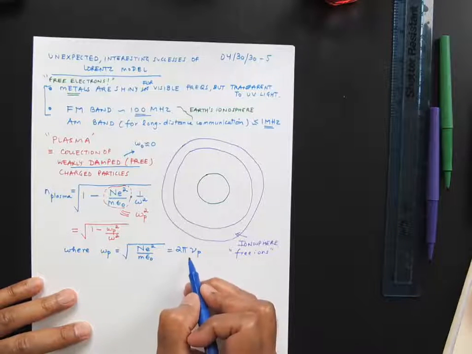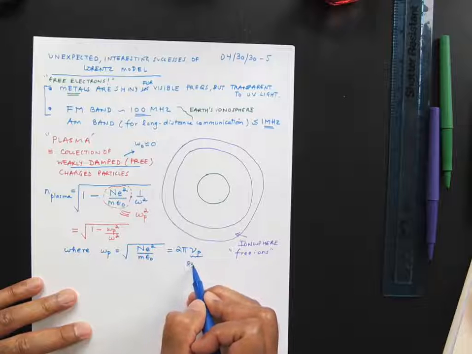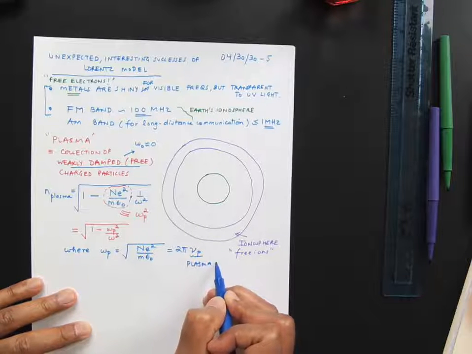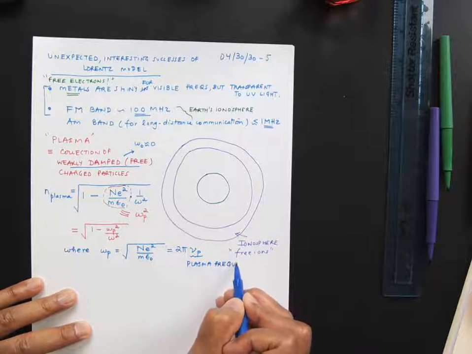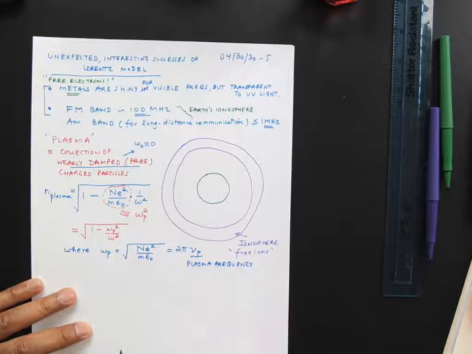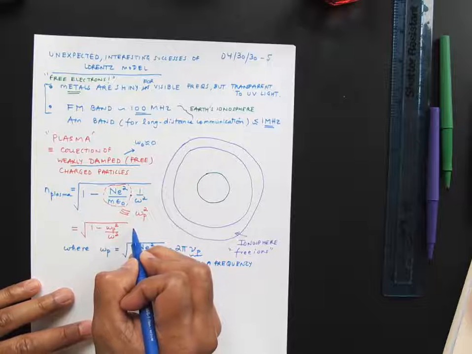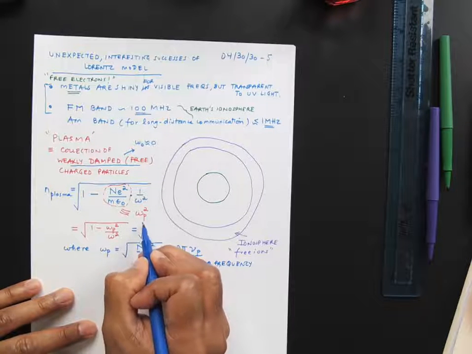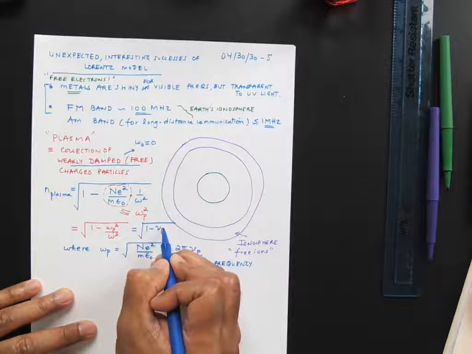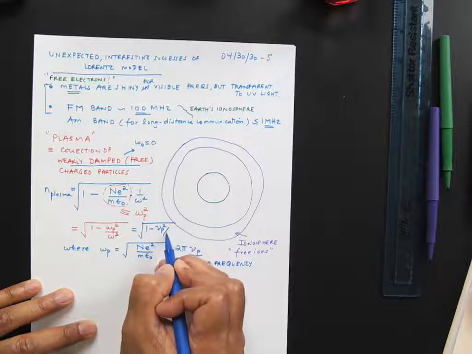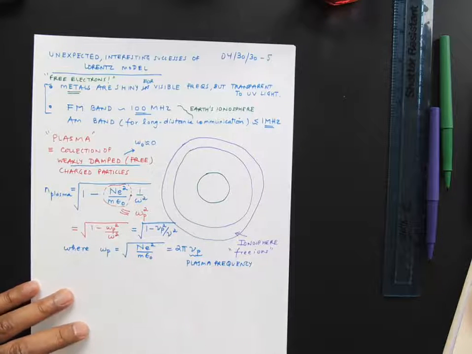This here is the plasma frequency. So I could also write this as n equals the square root of 1 minus nu plasma squared over nu squared. The 2 pi's would cancel.